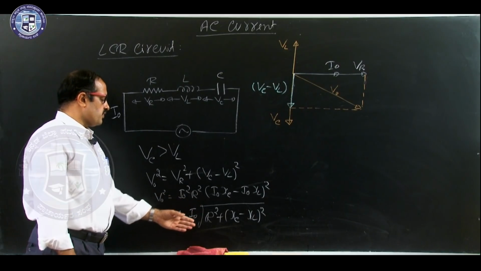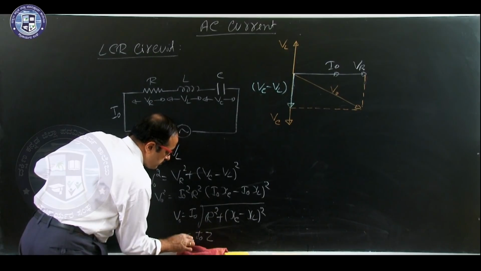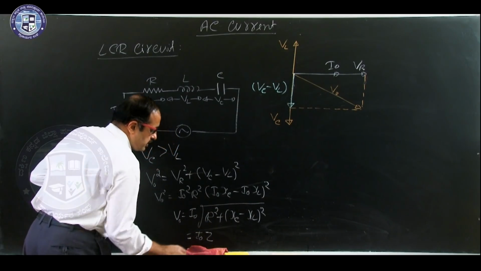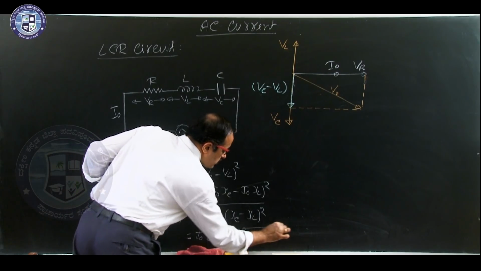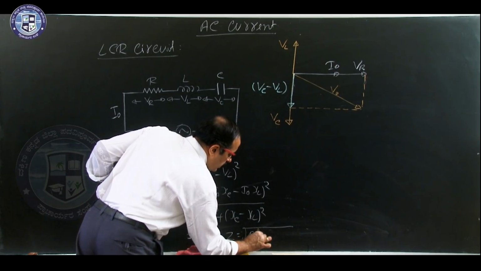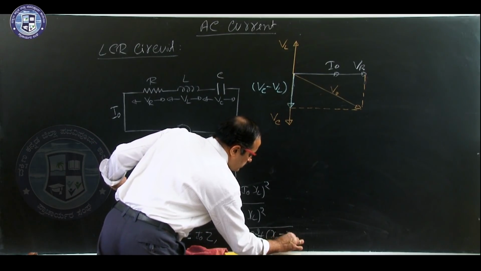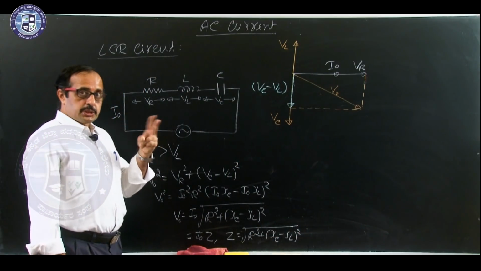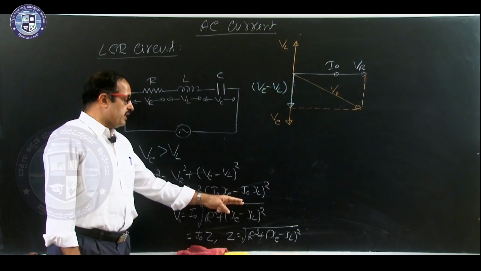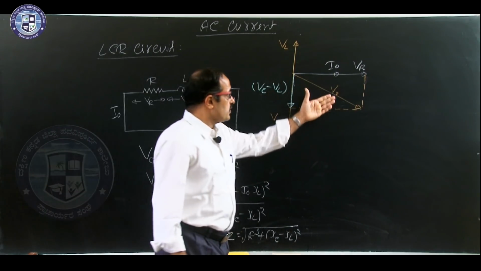This is the formula for impedance. It is written as I naught into Z. What is Z now? Z is equal to square root of R square plus Xc minus Xl whole square. Earlier Xl minus Xc, now Xc minus Xl, that is the difference, and this is the phasor drawing.